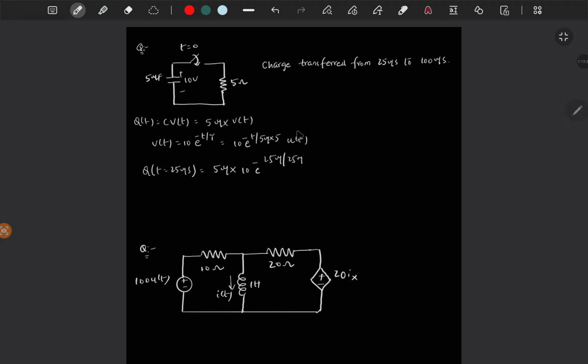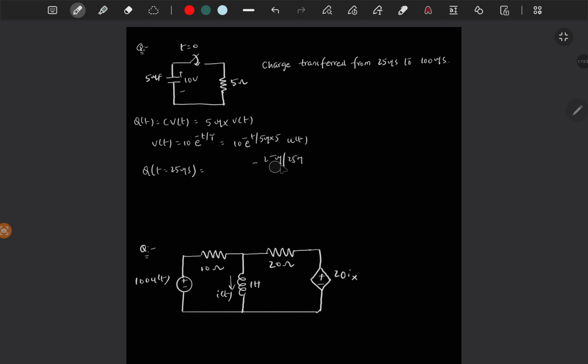See, you don't have to solve for this one, because 25 microseconds is nothing but the time constant, right? So the time constant is RC, which is 25 microsecond. So what will happen at time constant? The capacitor voltage will discharge to 36.6% of its initial value.